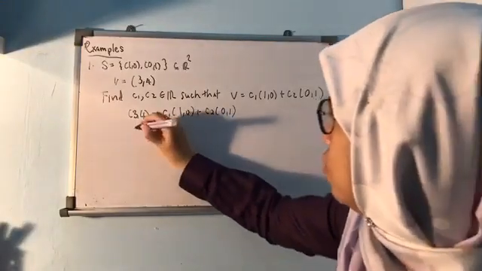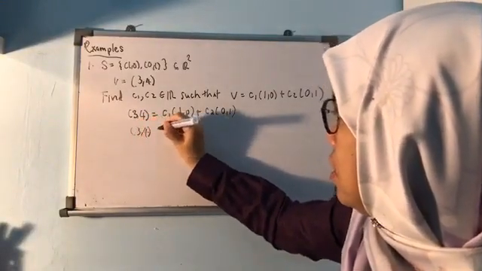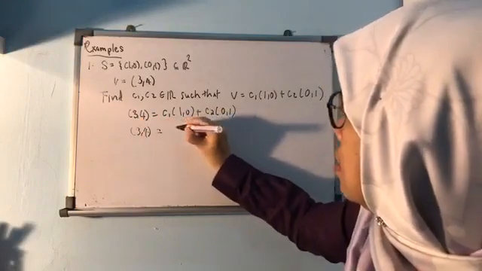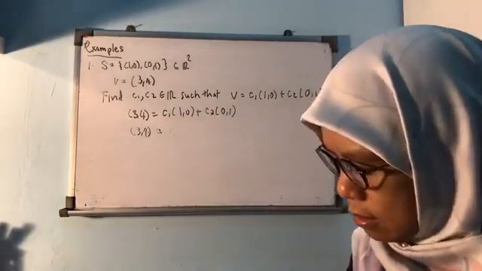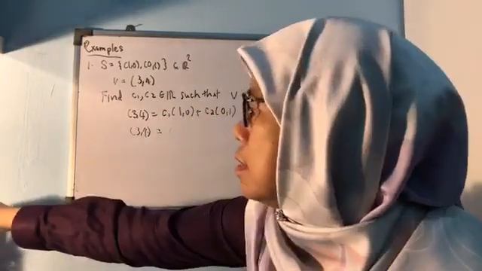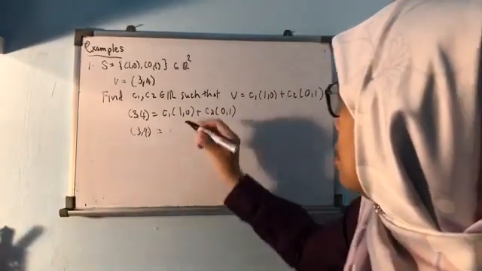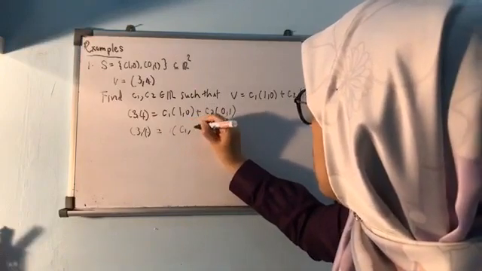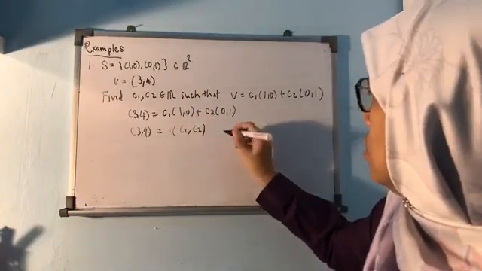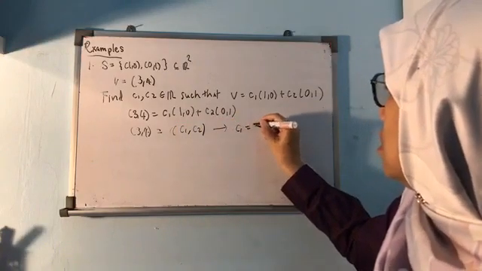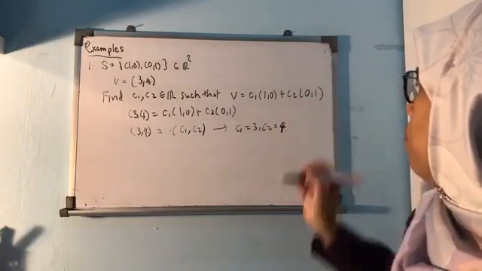You will see (3,4) equals (c1,c2), so c1 is 3, c2 is 4.